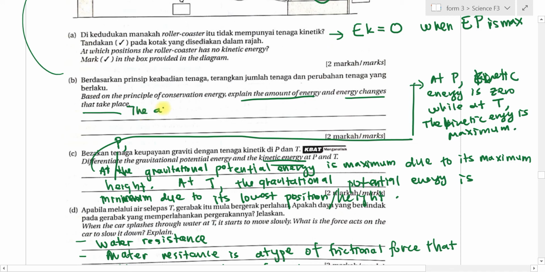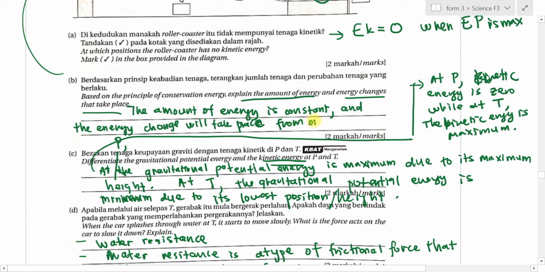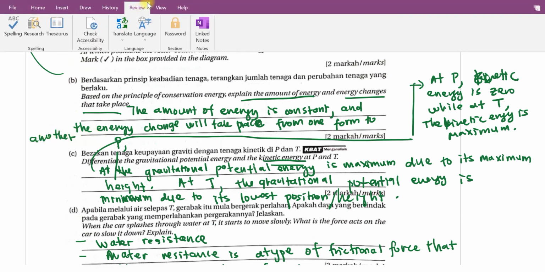So the amount of energy is constant. I just explained conservation means constant, and the energy change will take place from one form to another form.